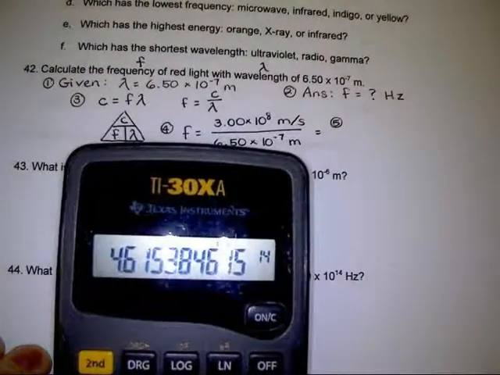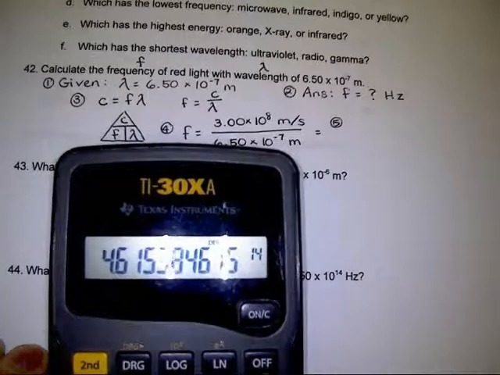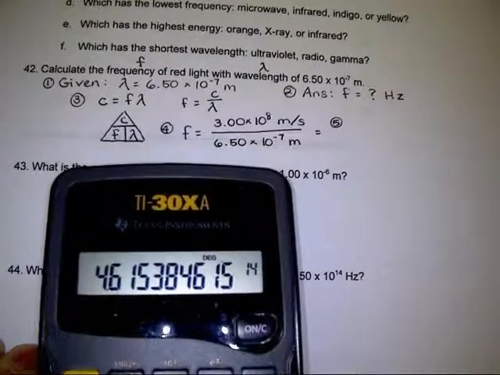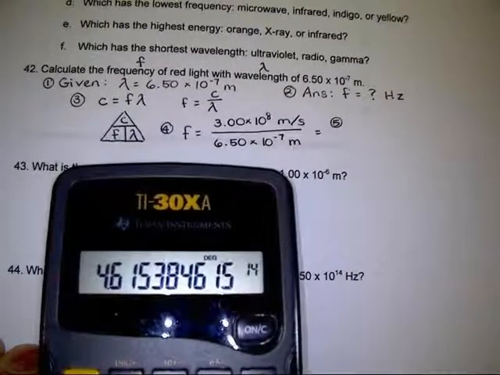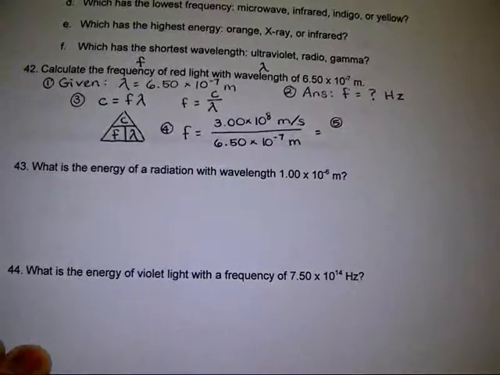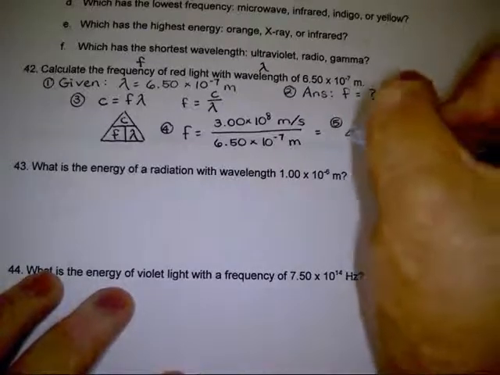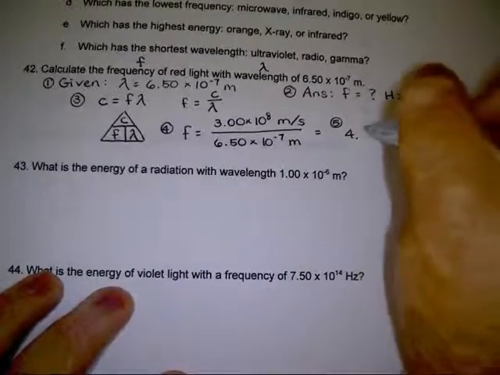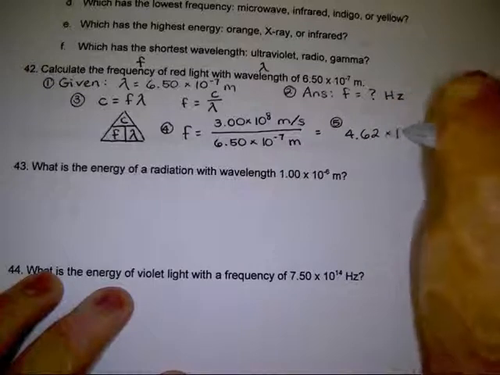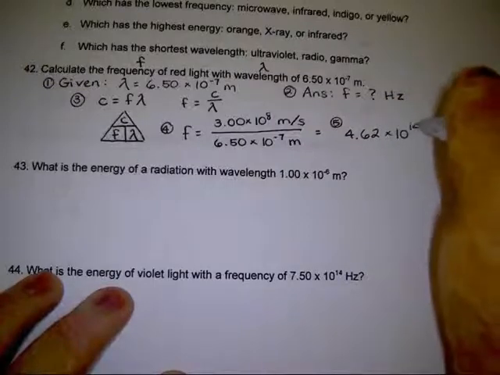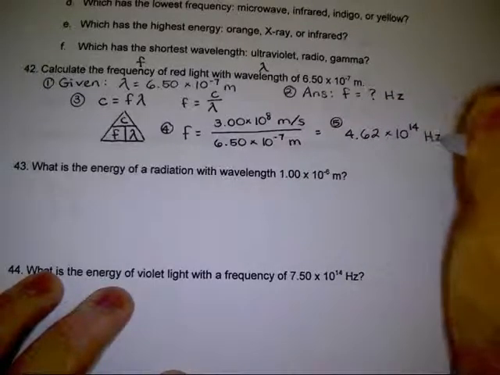Okay, so here is my answer: 4.61538465 times 10 to the 14th power. We have 3 sig figs in the given, so I'm going to have to round to 3 sig figs. So it'll be 4.62 times 10 to the 14th power, and frequency is measured in hertz.